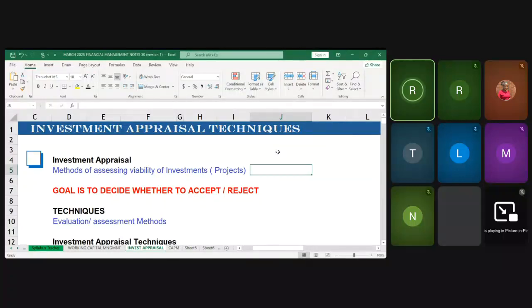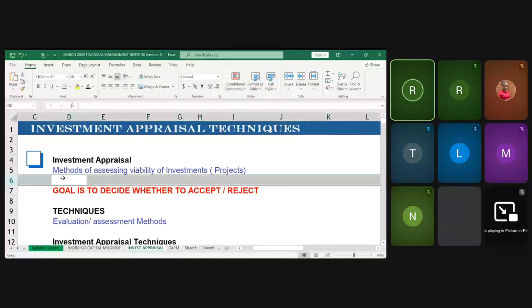So if we are looking at investment appraisal, we are assessing the viability of investments. It's not every investment that is worth taking. Some investments would result in us making a loss, or some investments would expose the organization to risk. So what we want to do is to take those projects that are going to add value to our shareholders, and also to take those investments that we are very confident with.